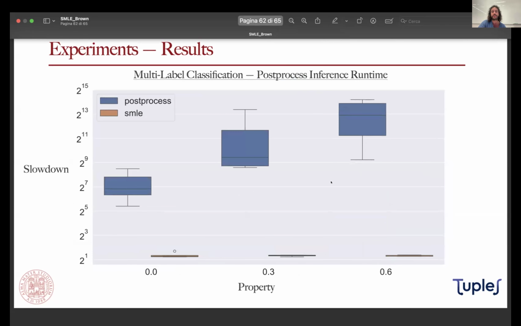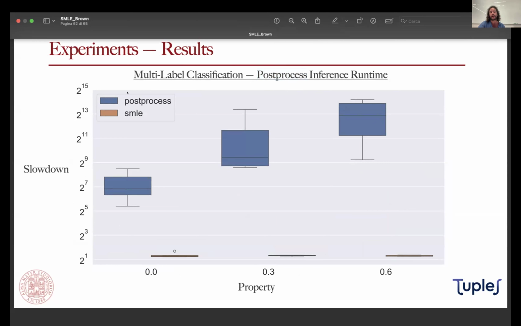And this is instead, for the multi-label classification benchmark, the inference runtime of post-process, which is its main drawback. So essentially, how much time does post-process require to produce an output once you give an input at inference time?